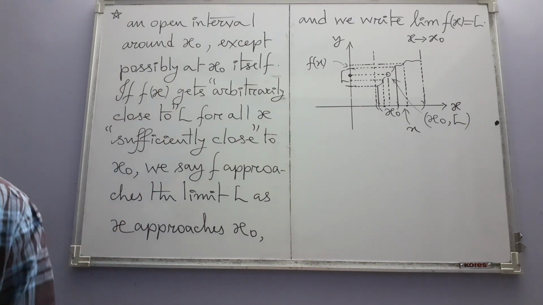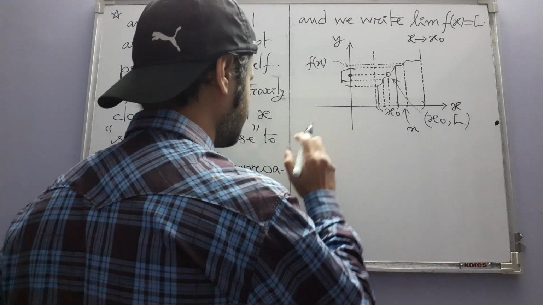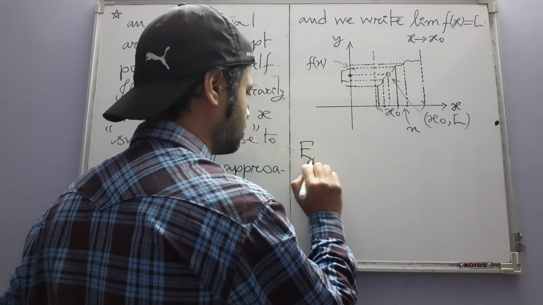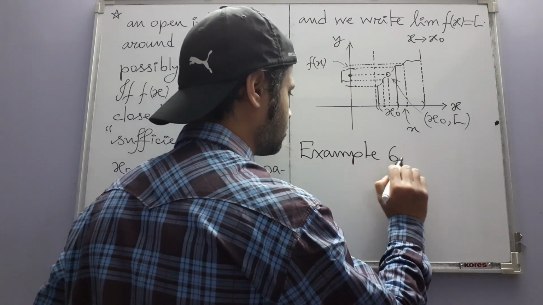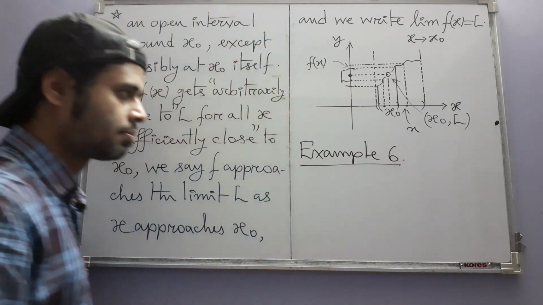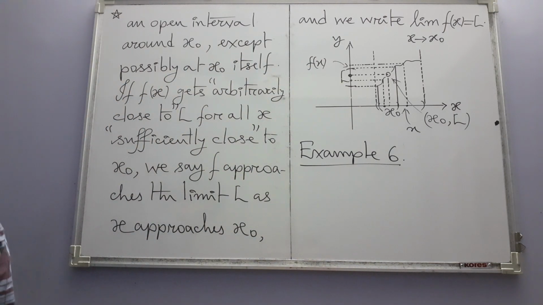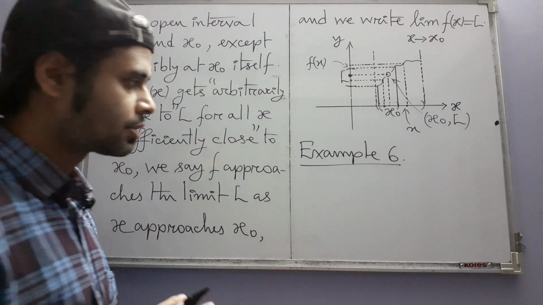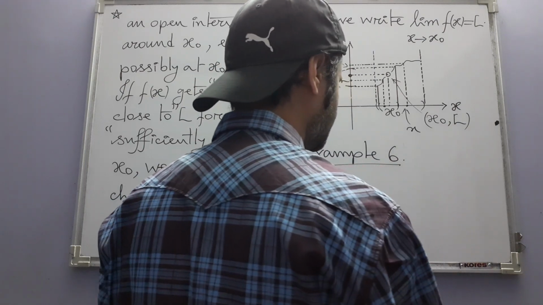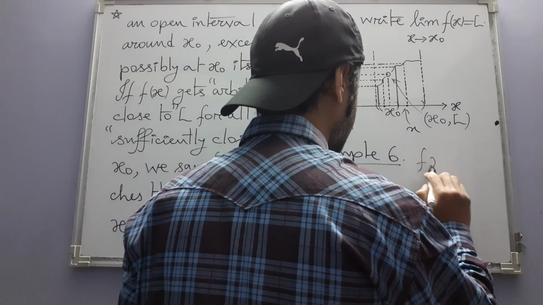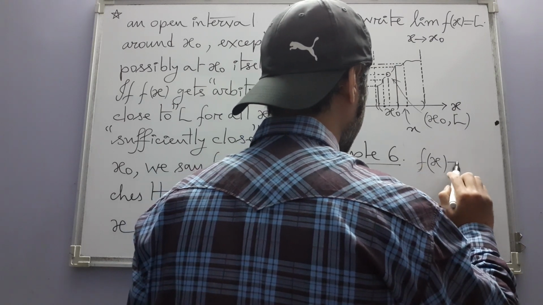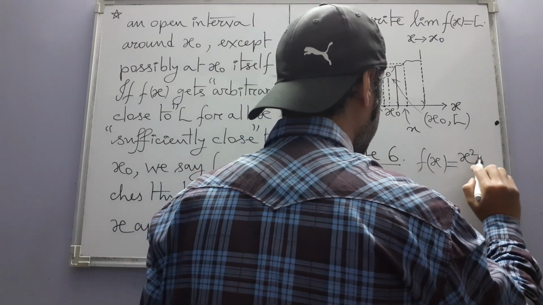So let's look at example 6. In example 6, there are three functions that are given. One of them is our f itself that we saw in example 5.